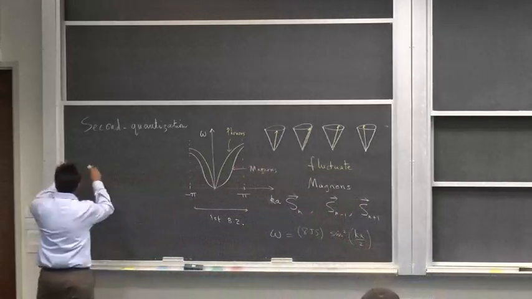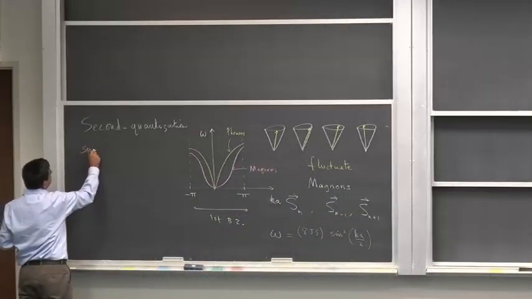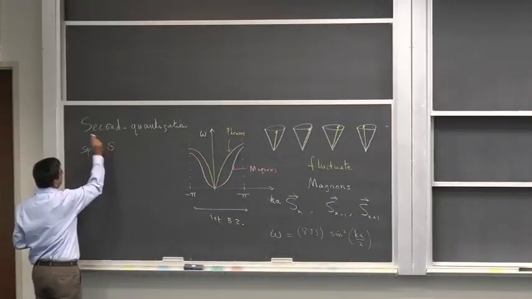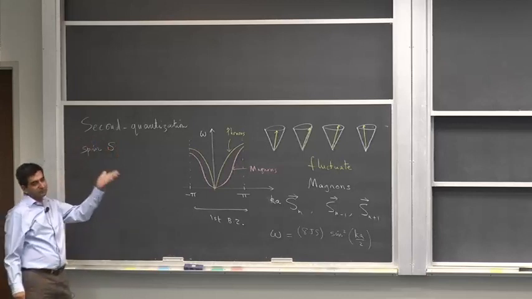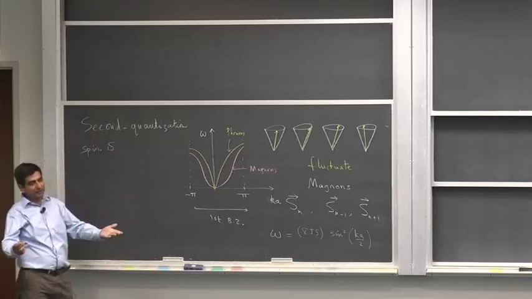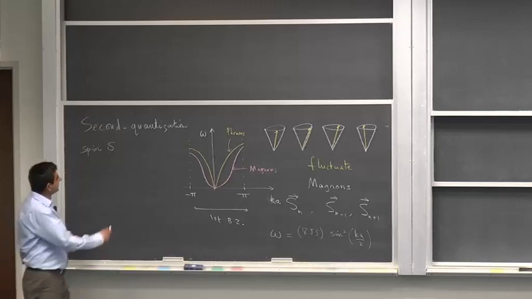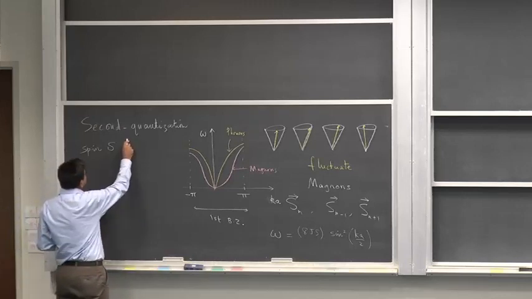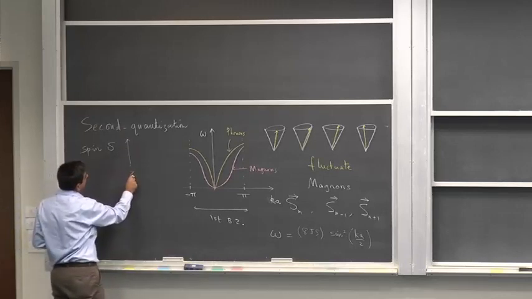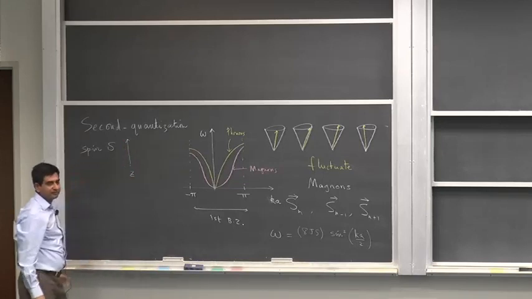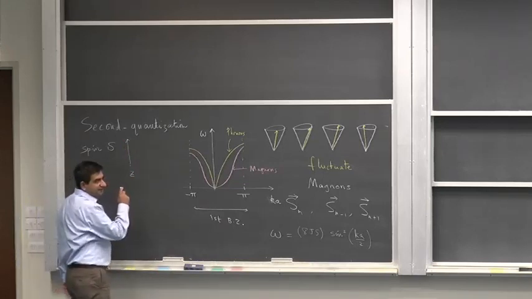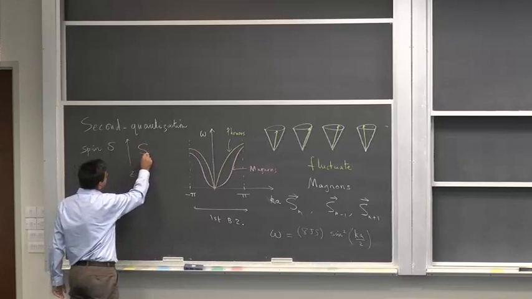Suppose we have a collection of spins. Each spin is S. This could be half, 1, 3 by 2, etc. Now this spin has a certain projection along a quantization axis. Suppose the quantization axis is the z-axis. So that projection is Sz.